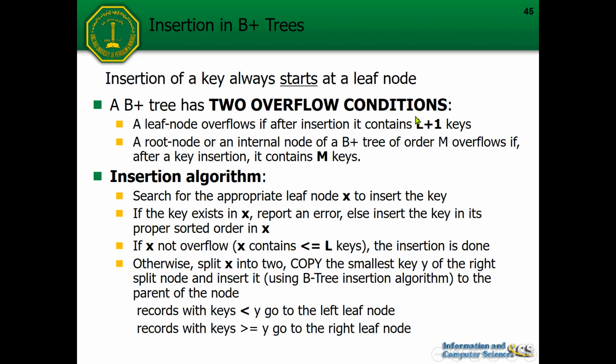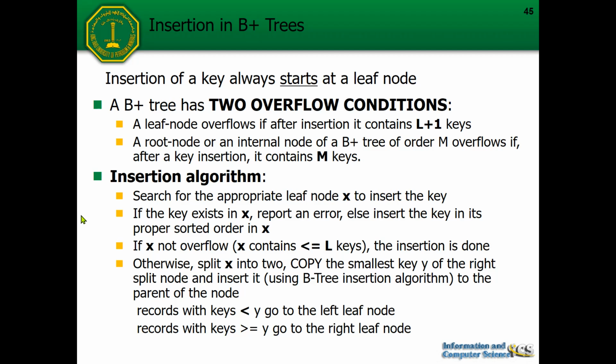You can see that for the leaf node, the maximum number of keys should be only L. So when it is more than that, the overflow condition will happen. For the root node or an internal node, the overflow condition happens when the node contains M keys. You can see that M is the branching factor. So for the root and also the internal node, the possible maximum number of keys is only M minus 1. So when it reaches M, it means that there is an overflow.